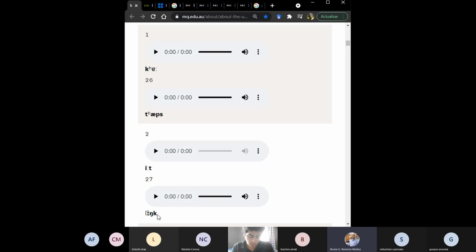So there is a sort of regressive assimilation process in which the sound k is influencing the previous sound. Every time you find an n followed by a k or a g, this sound becomes the velar nasal, not n as in no, never, nine, but as the last sound is in sing or going.